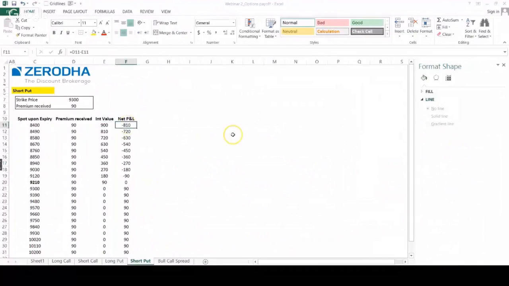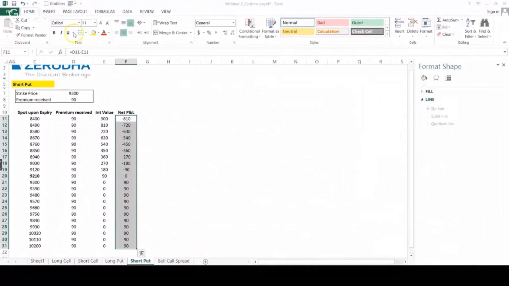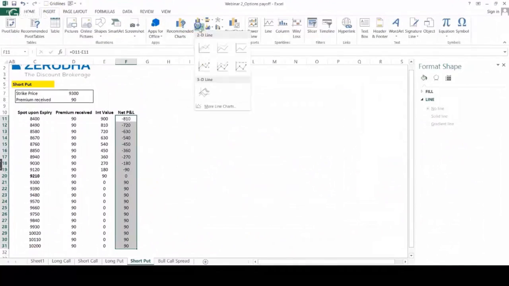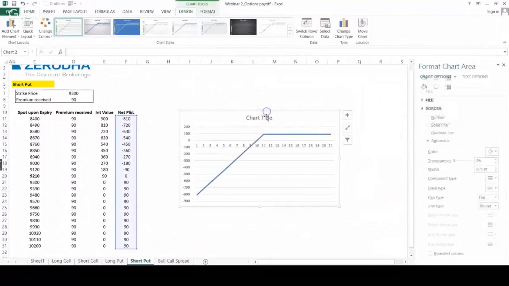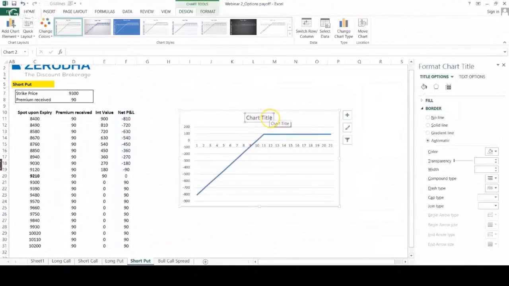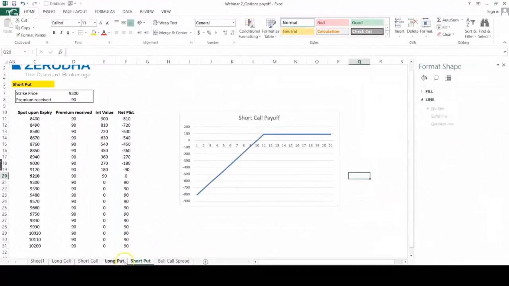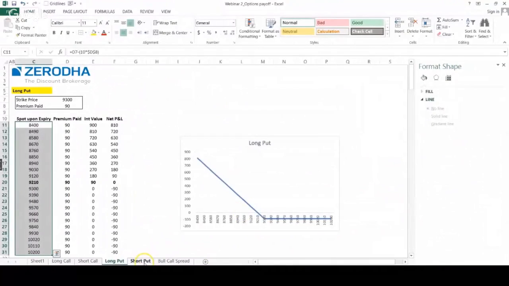Right? So plotting this as a graph will show us that, right? So this graph, as you would have realized, is the exact mirror image of what we've seen here, right?